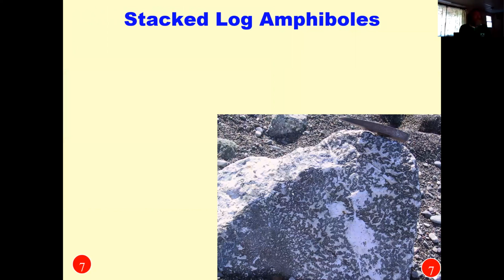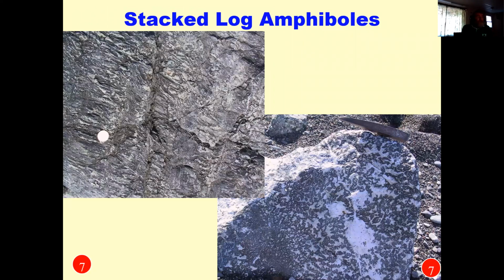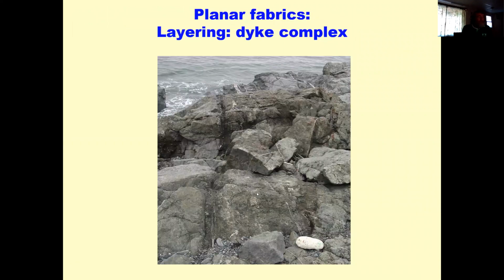But as I showed you earlier, there are also planar structures, and dismembered planar structures, like I showed you with those ultramafics a little bit earlier. But if you look in detail at some of these planar structures, they actually also contain linear fabrics.